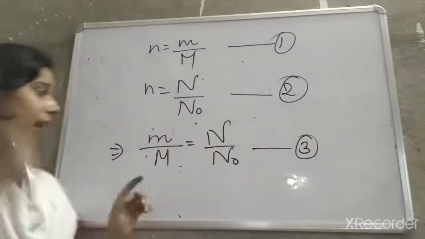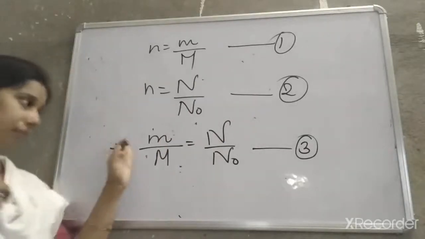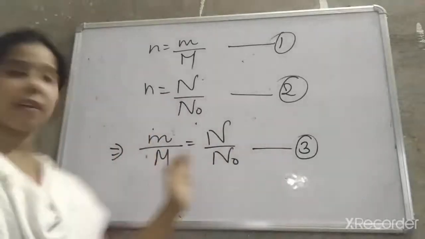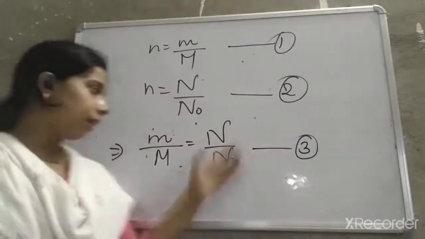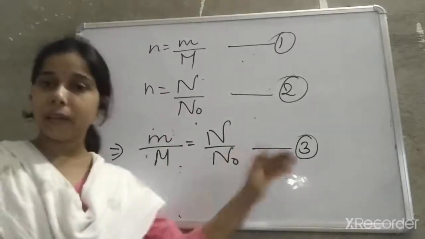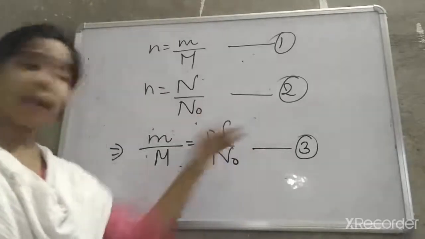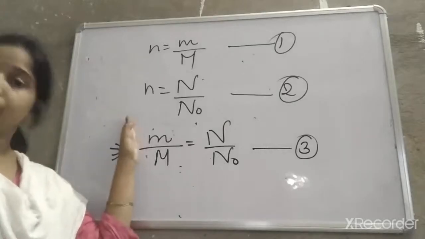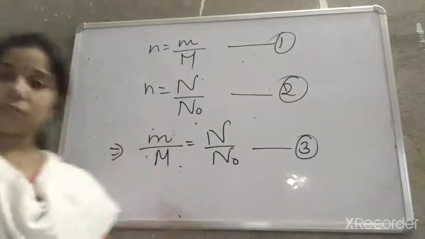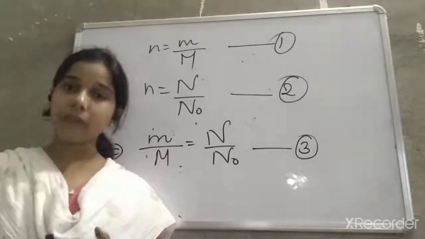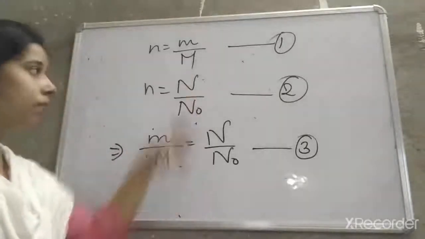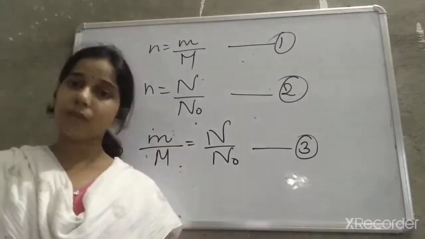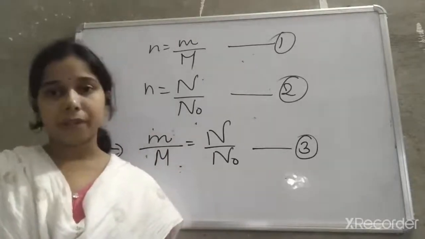If we have to find the given mass, and the number of particles and molecular mass are given, and we know Avogadro's number, then we will use the third formula, put the values in it, and find the given mass. Okay, so on the basis of the situation, whatever is given, we can choose any of the formulas and find the value that we have to find in the given numerical. Okay, students.